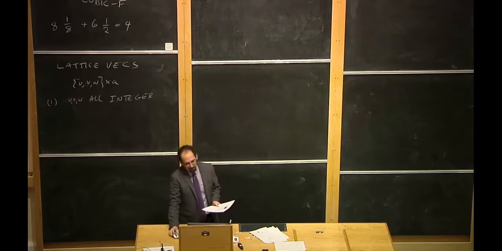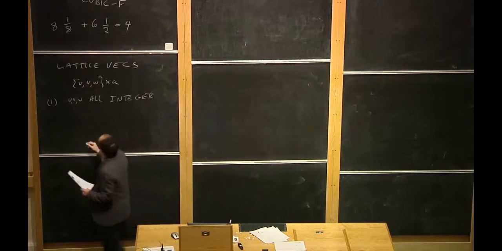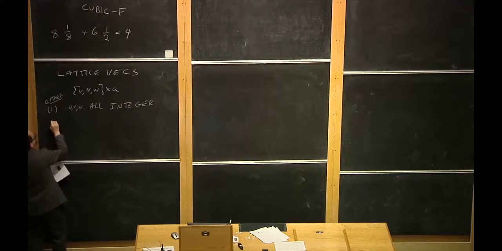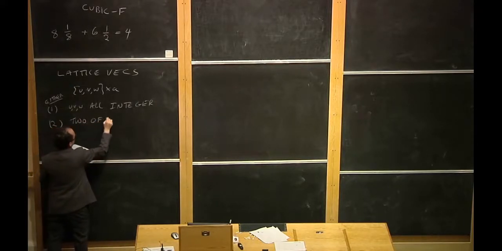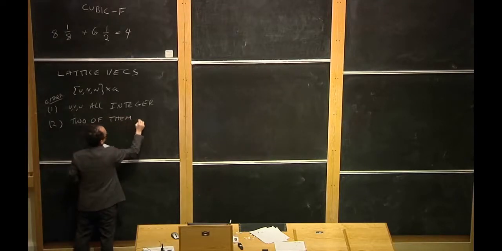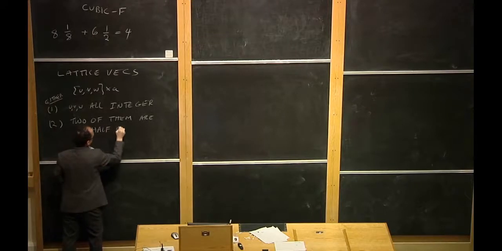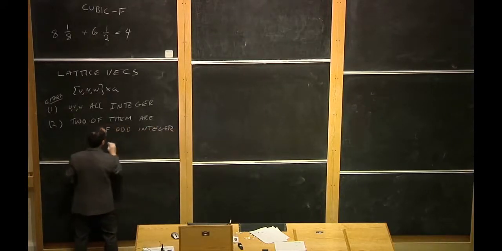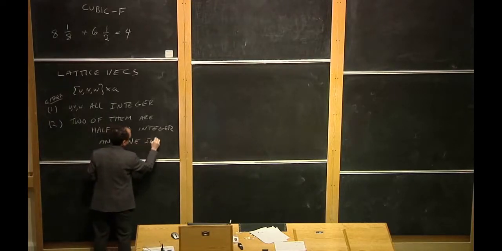So this one is 1, 0, 0, this is 1, 1, 0, and so forth. Or possibility 2, 2 of them are half odd integer, and 1 is an integer.